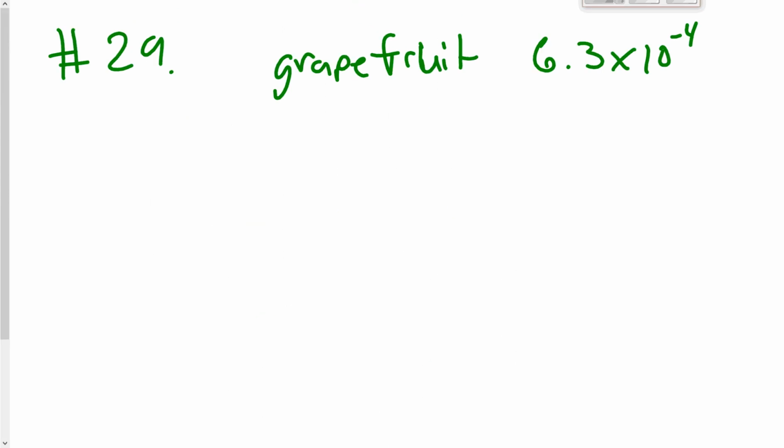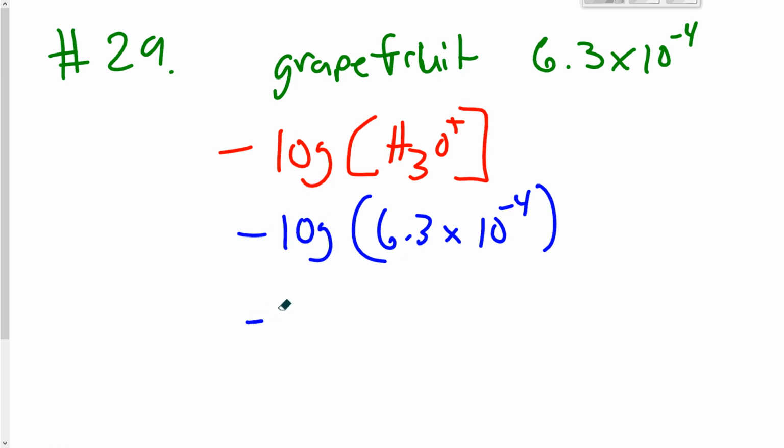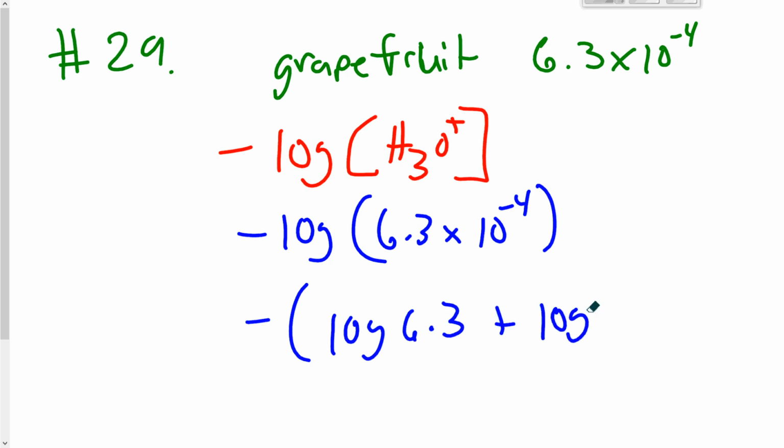Okay, so here is grapefruit. We actually want to find the pH level of grapefruit if we were given a hydronium ion concentration of 6.3 times 10 to the negative 4th. So this is the first part. We have our hydronium ion concentration, so we plug that in, use our properties of logarithms, log of 6.3 plus log of 10 raised to the negative 4th.